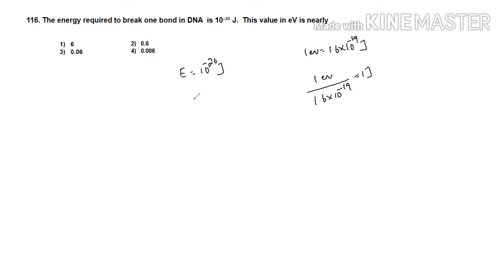So here we can write it as 1 divided by 1.6 into 10 raised to minus 19, so 10 raised to minus 1 divided by 1.6. After simplifying, we'll get it as 0.06. So that is option 3.